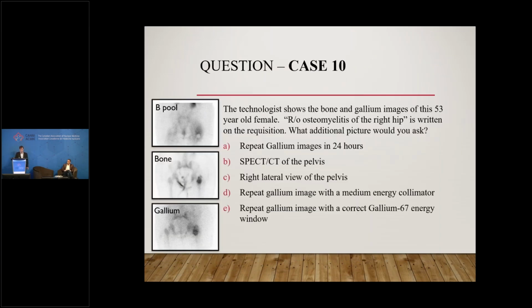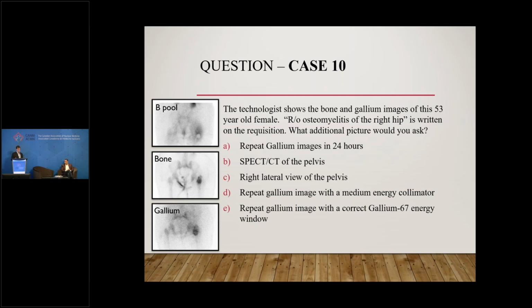Okay, just another question in case you want to have a question. The technologist shows bone and gallium images of this 53-year-old female. The requisition says rule out osteomyelitis of the right hip. What additional pictures would you ask?